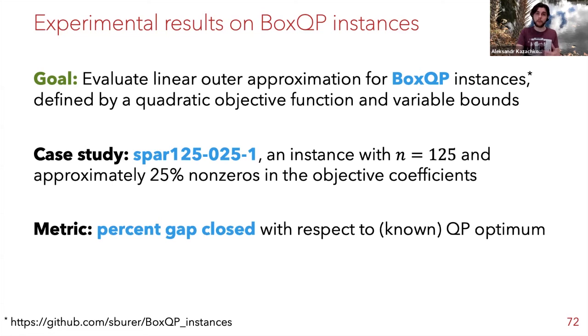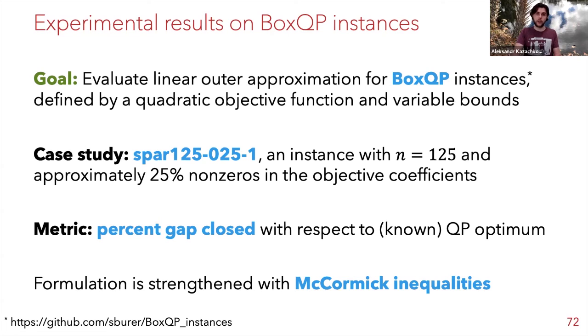What we'll look at is the percent gap closed, similarly to the first part of the talk, with respect to a known quadratic programming optimum solution to this instance. I should mention that, as standard practice, there are so-called McCormick inequalities, which are also added into the formulation that I gave before. They're known to be crucial, and it didn't make sense to test how the eigenvector cuts affect the solution process without adding those McCormick inequalities.